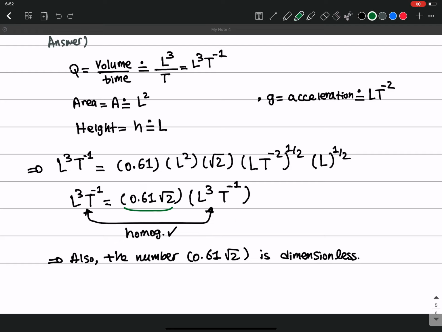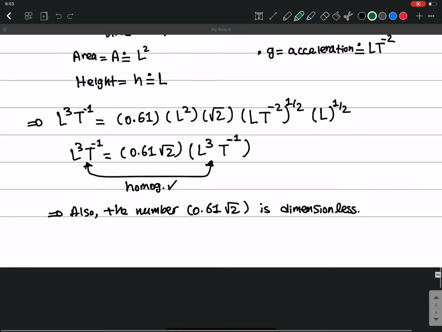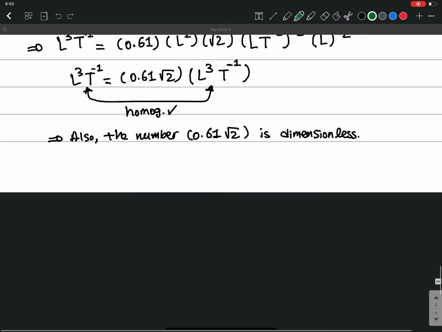The only way the left-hand side and the right-hand side would have the same dimension is if this number is dimensionless. So we can conclude, based on this dimensional homogeneity, that it is a dimensionless number, and in any system, in any units you use, it's going to be the same number. And we will come back to this.